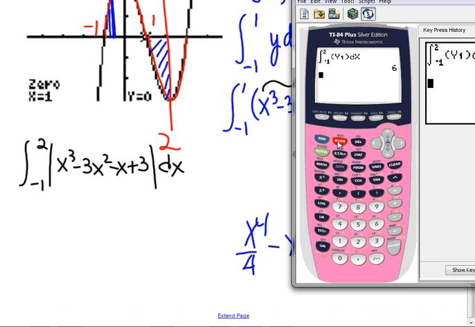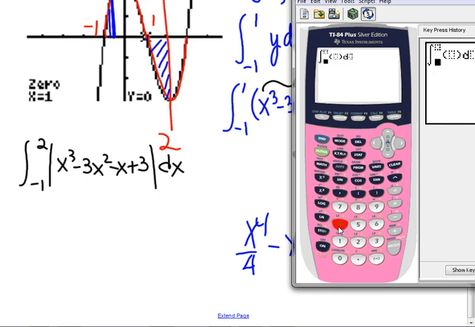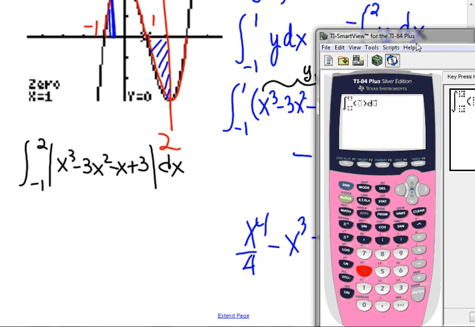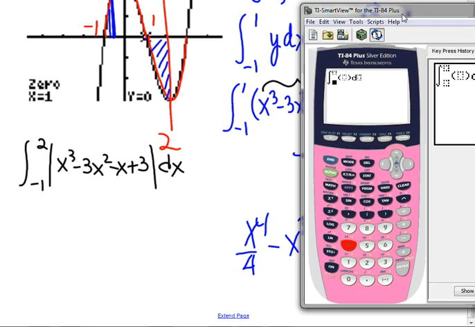Okay. I'm going to clear that out, and we're going to go to math. Should we use the shortcut? Which is your integral, which is 4. It still looks the same. It's n derived. The request was to do it in the pieces. So it's -1 to 1. And this was y1.